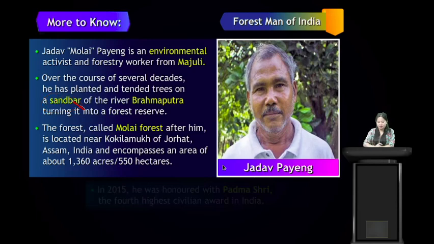But over several decades, like 20, 30 years or more, this man planted many trees. He did not only plant, but he also looked after those trees, and he converted this sandbar into a forest.